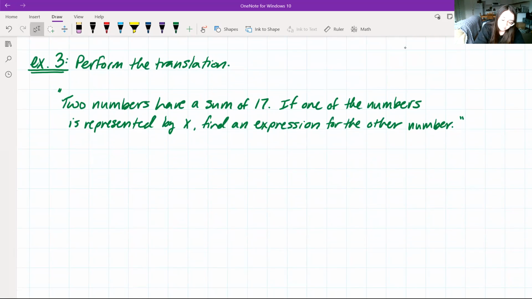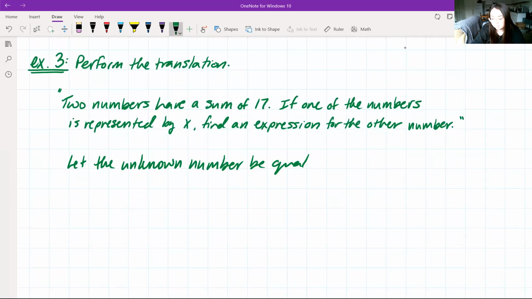So we're just going to let the unknown number be equal to, let's say, 10. A nice even number. And this is just for now. So just for figuring out this equation, we're going to let this be equal to 10 for now. It gives us an idea of what we're going to be doing.